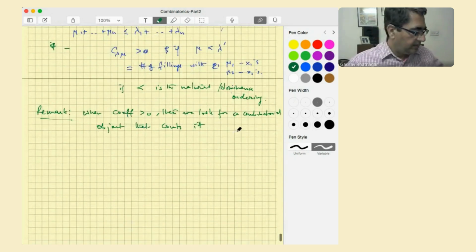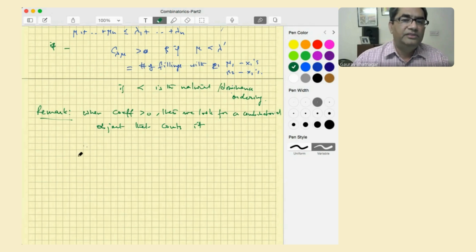So this finishes chapter 2. There is a longer example you can see in chapter 2.